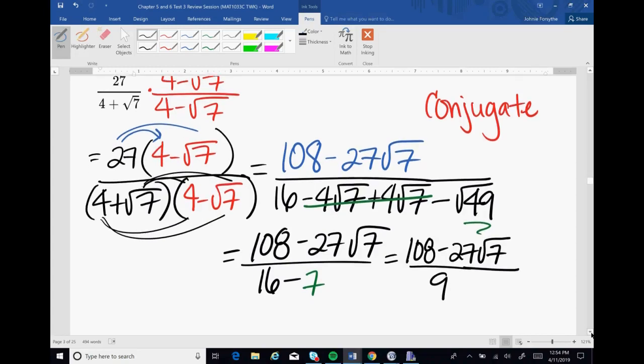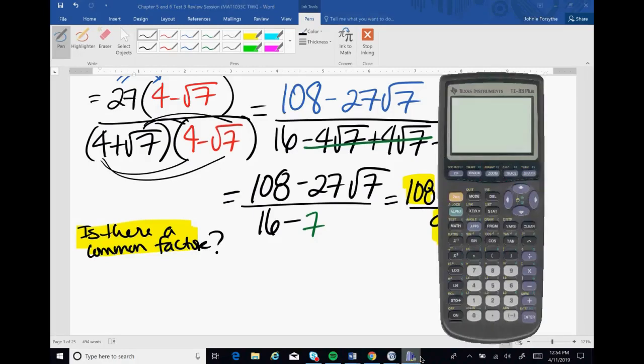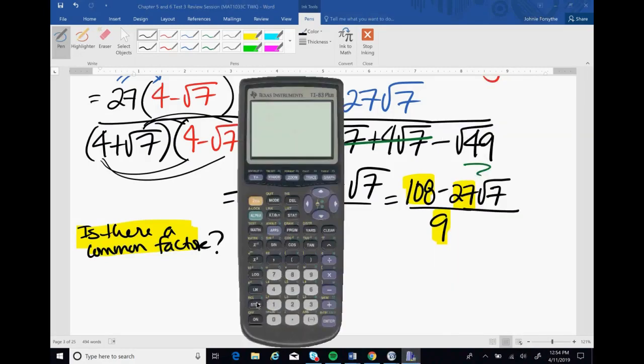Now you want to make sure you reduce all the way. So you have to see if these three numbers have a common factor. And there is. You can always take your calculator if you're not sure how to figure that out. We have 108, 27, and 9.